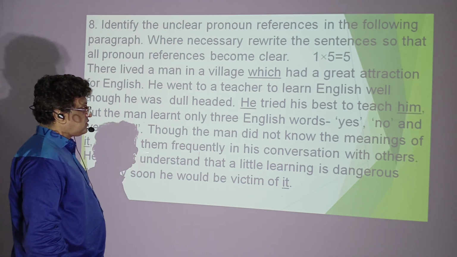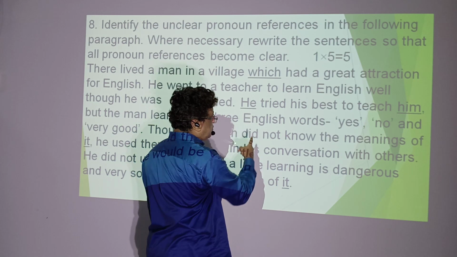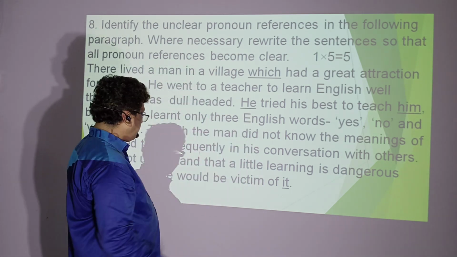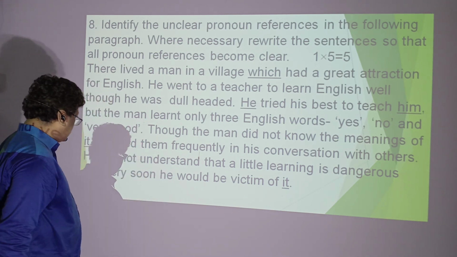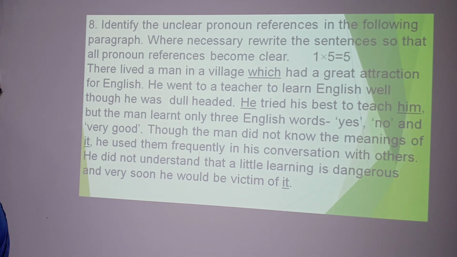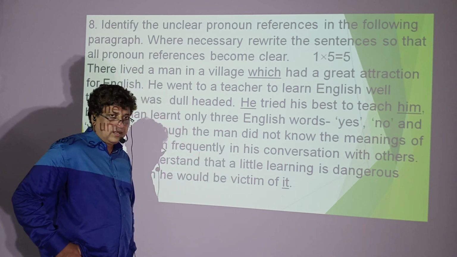In other cases, instead of he we have used the teacher, instead of him we have used the man, instead of it we have used the words, instead of it we have used a little learning.